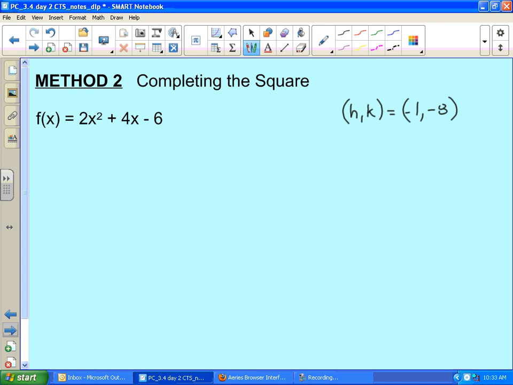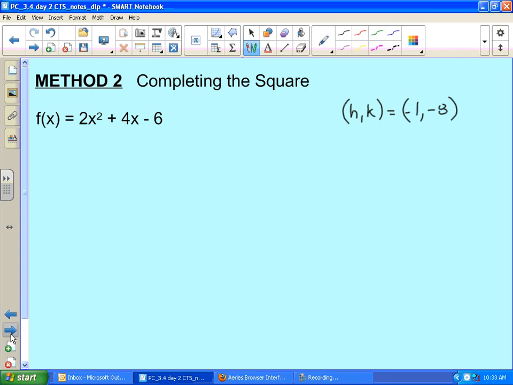All right. Now, before we do that, here's what I'd like you guys to try and do. I would like for you to take those coordinates of negative 1, negative 8, which are your h and k, and write the vertex form of this equation just from that information.